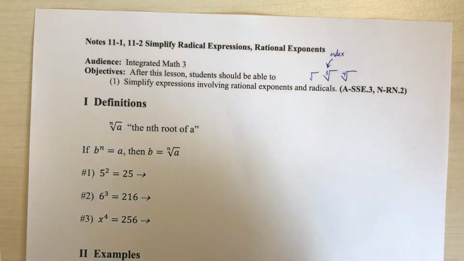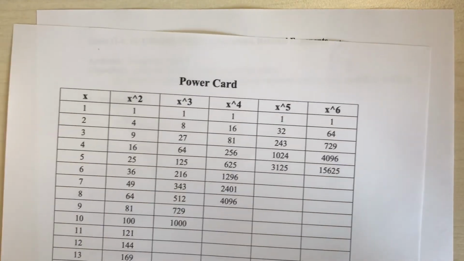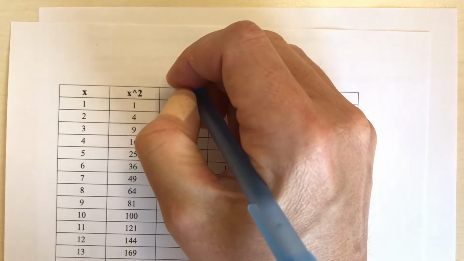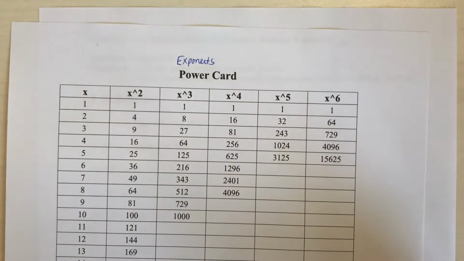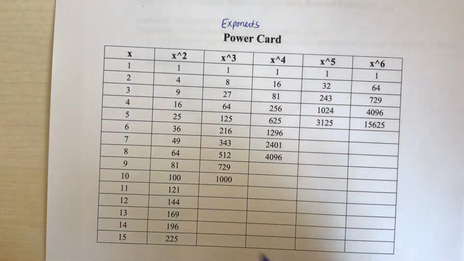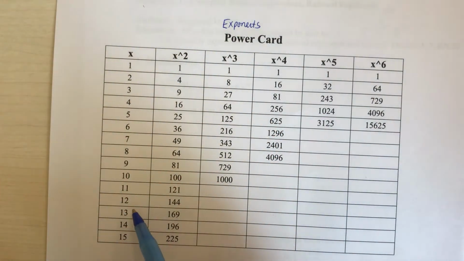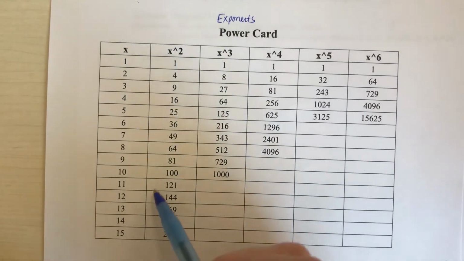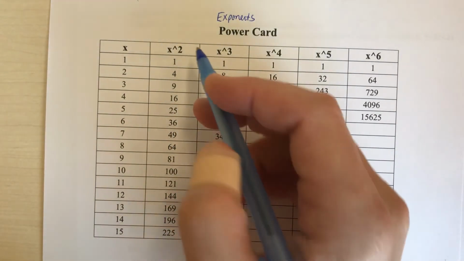Now, before we actually start these notes, we're going to take a look at something that I call a power card. Now, power is just another word for exponents. And so what you have here, if you look at the first column on the left, these are the x values from 1 to 15. And then the second column here, this is x raised to the second power.